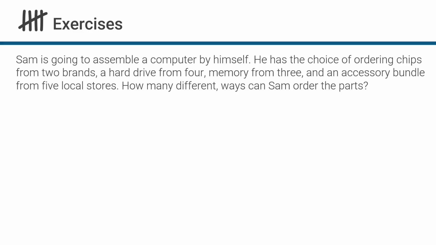A hard drive from 4, memory from 3, and an accessory bundle from 5 local stores. How many different ways can Sam order the parts? So copy this question. I think this is already in your PowerPoint. No? So, try to answer it later. I'll give you time. And then I'll be giving another solution for this one.